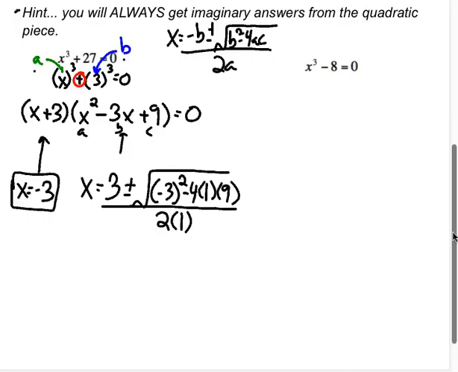So I set up my quadratic formula. And now remember, the way that I simplify is I always simplify this inner piece first. Get me just a single number in there. And remember, you can just type that into your calculator. So negative 3 squared minus 4 times 1 times 9. Just type that into the calculator for me.